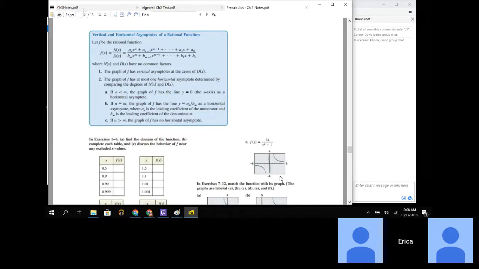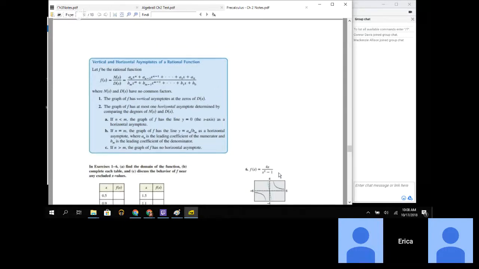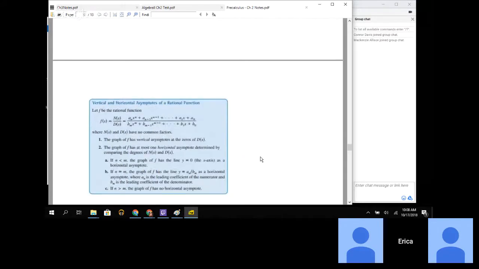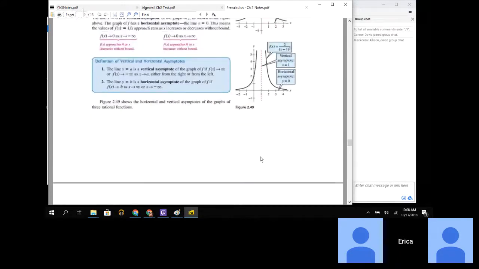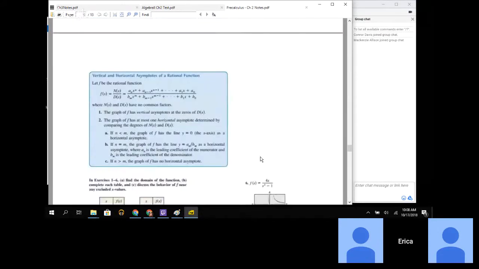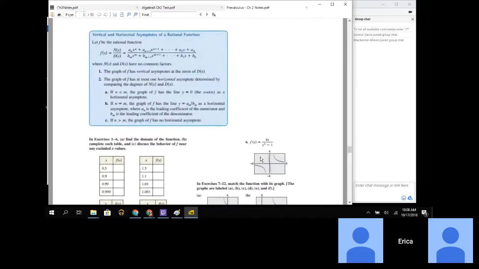So on Monday, we talked about how to find the asymptotes of equations, and that was in 2.6. I think it looked intimidating, but when everybody saw how you actually did it, it didn't seem too bad, right? The vertical asymptotes are where the denominator of your rational equation equals 0; the zeros of the denominator are your vertical asymptotes.